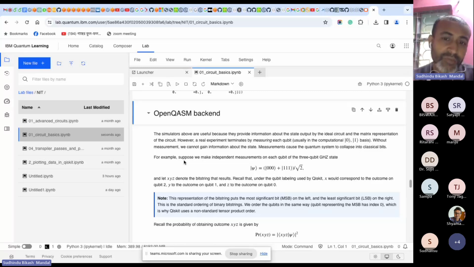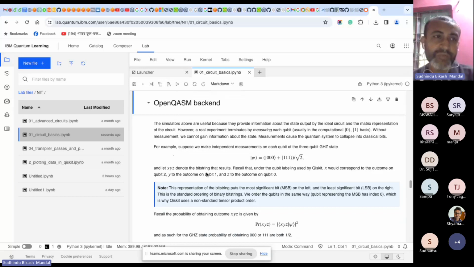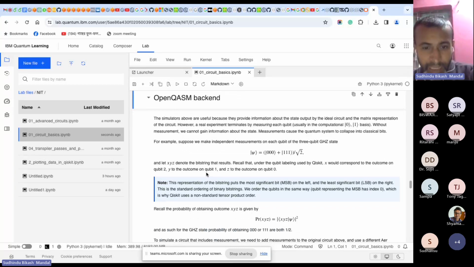That's why we simulate this state, and after measurement we try to match it, to see what is exactly coming out, or whether there is any error.